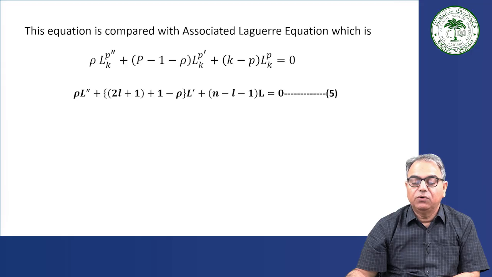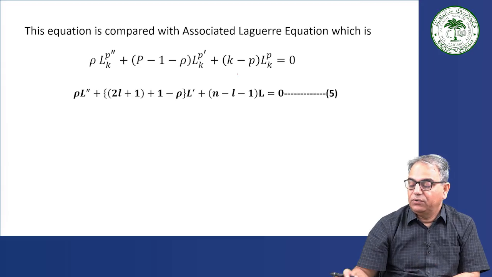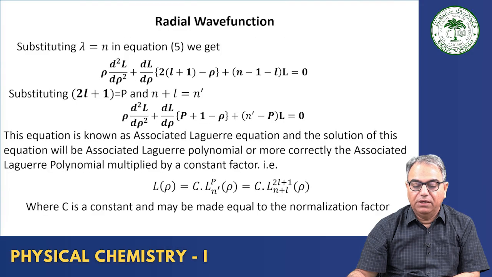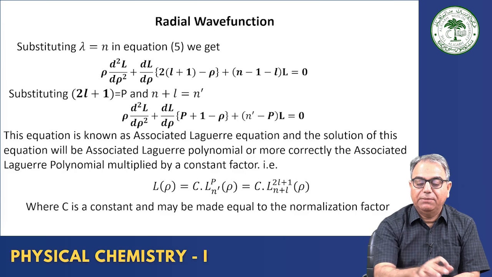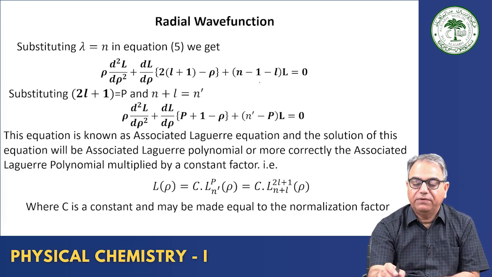is very similar to the associated Laguerre equation. This is your associated Laguerre equation, and this is your equation number 5. So, compare these and you can say that you can get the solution of equation number 5 in terms of the associated Laguerre polynomial. So, for the radial wave functions, substituting lambda equal to n in equation number 5 gives you this one, n minus 1.